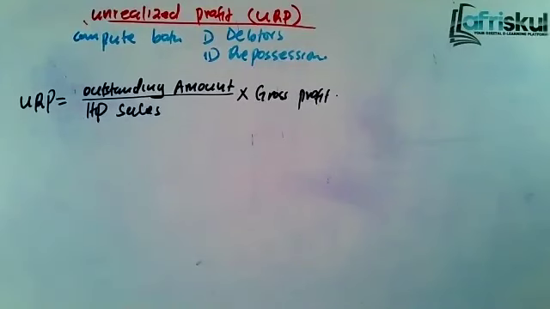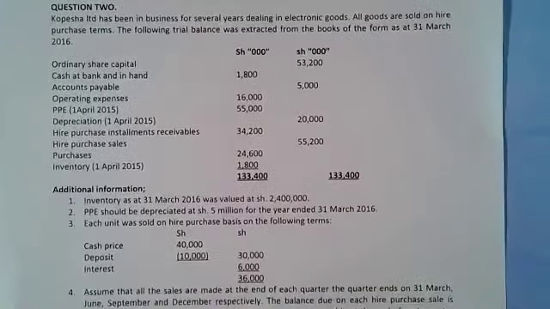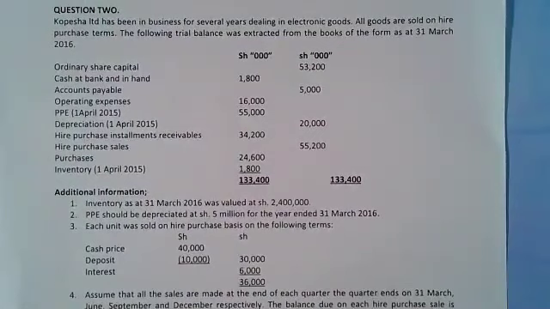So let's start using the interest method. We start on a question on the interest method. I want us to do an illustration there. Let's do that question. So we are told that Kopesha Limited has been in business for several years, dealing in electronic goods.